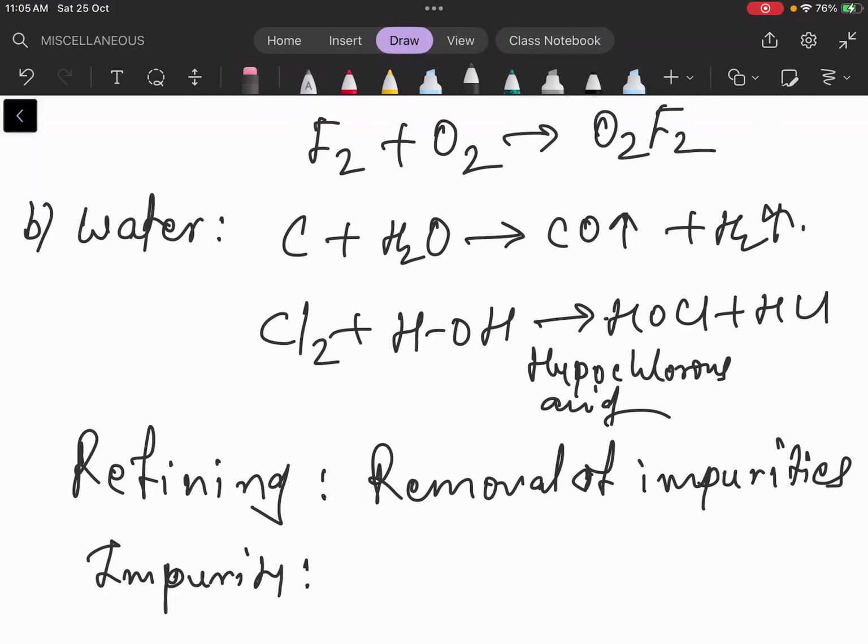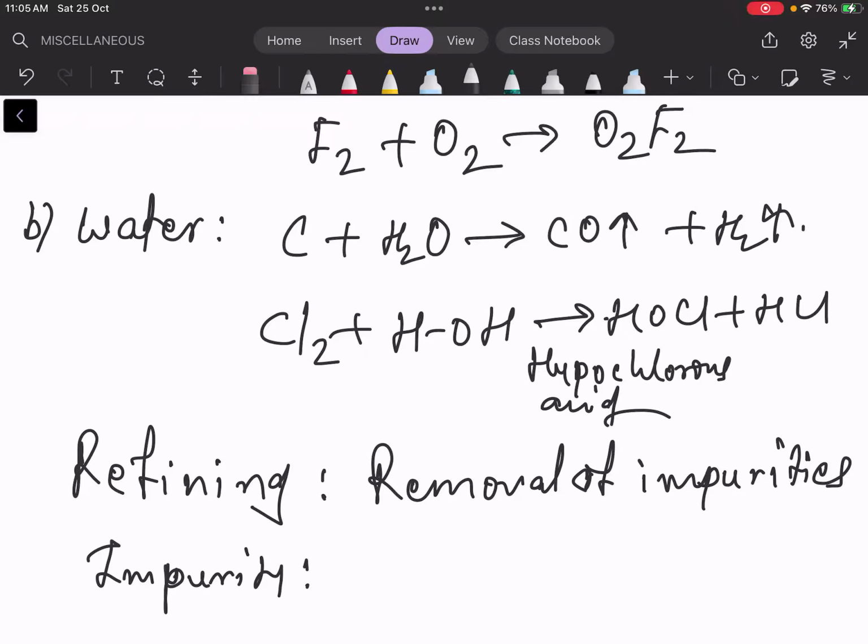Bitter, very good. So 2 drops of bitter gourd juice can change the properties of 200 ml of lemon juice.